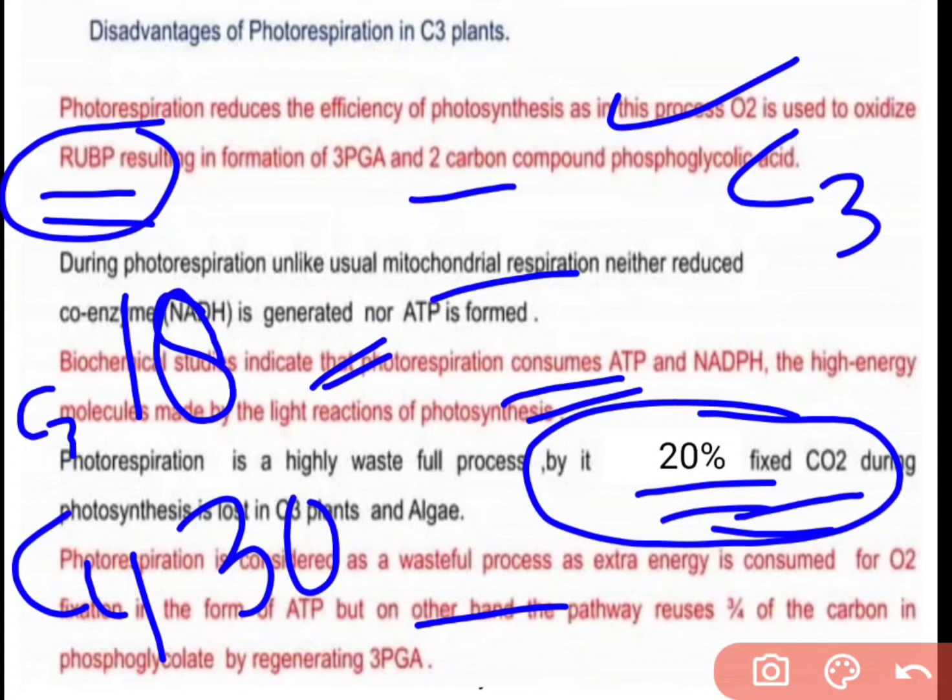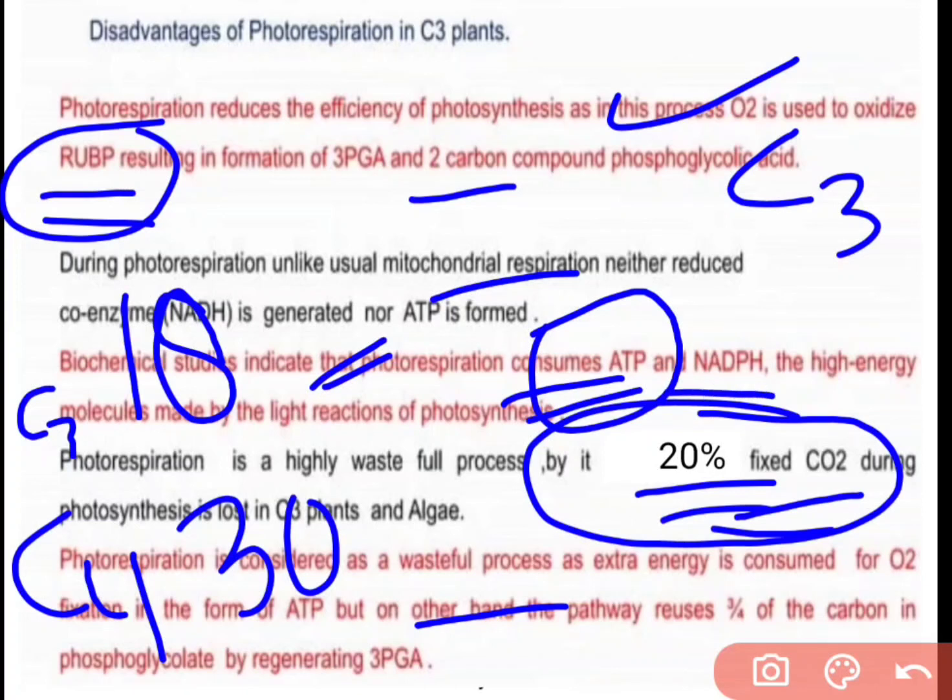Since 20% of carbon dioxide is being lost, we will have to use a further 20% ATP to regain that carbon dioxide. Moreover, while losing this carbon dioxide, ATP are being consumed. So for a loss, ATP are being consumed.